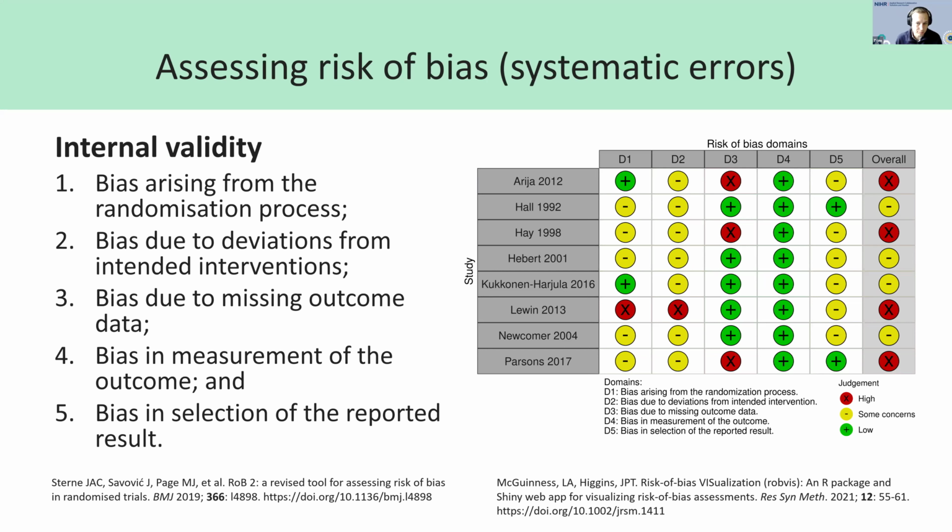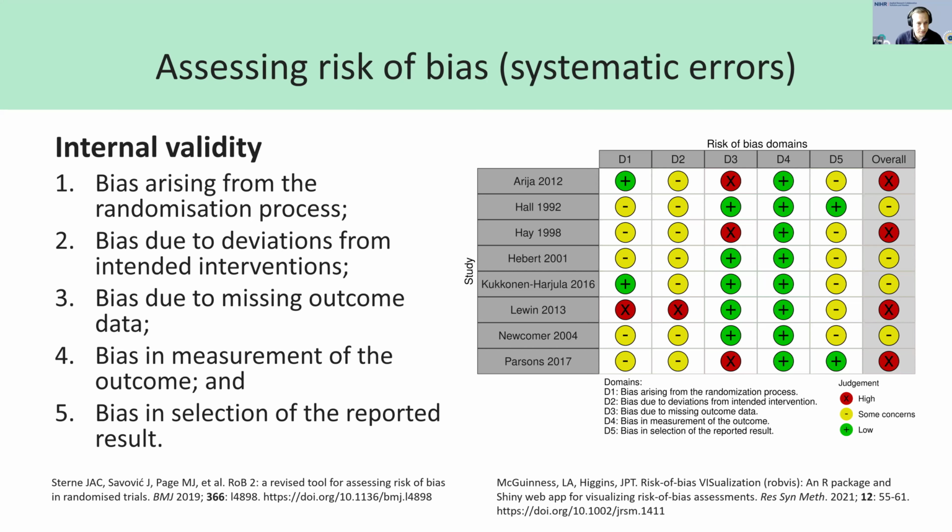And as I said, this is judged in various domains typically. These are the domains that you have within the latest version of Cochrane's tool for assessing risk of bias, which is called ROB2. So bias due to randomization.